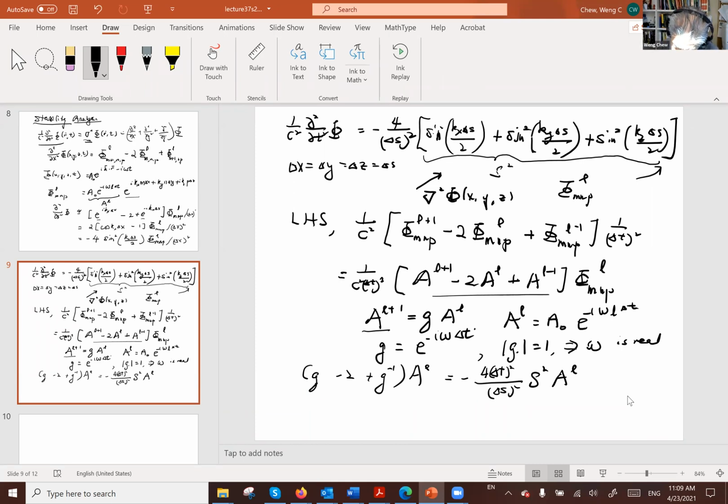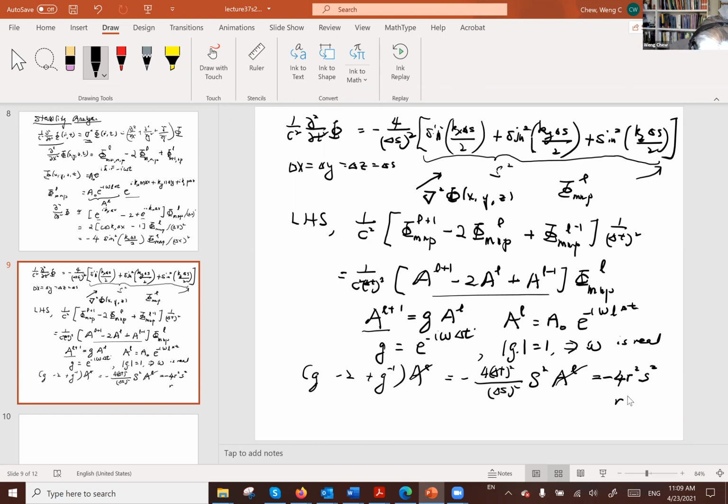My s squared is this sum of three sine functions, and this can be canceled. You can now solve this equation, and you can write it even more simply as being equal to minus 4 r squared s squared, where s squared is that, and r is just this ratio.